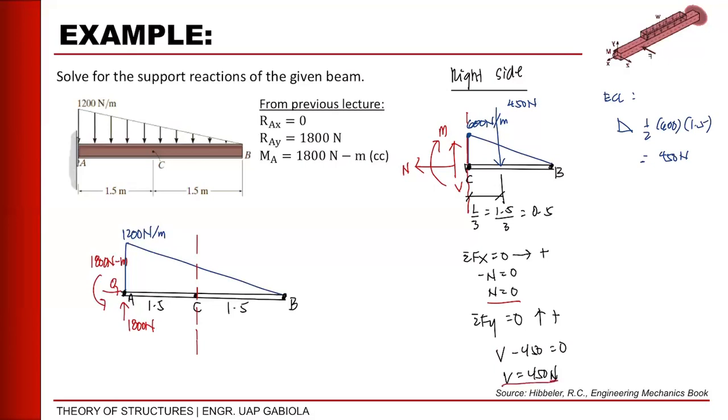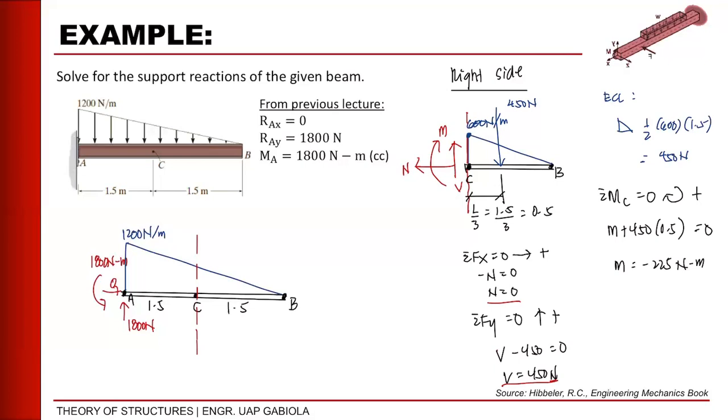Okay? And then last, summation of moment papunta kay C is equals to 0, taking clockwise as positive. So, si M will be clockwise, si 450 will be clockwise, kasi yung dalawang force are 0. So, we have M plus 450 times 0.5 is equals to 0, or M is equals to negative 225 Newton meter.